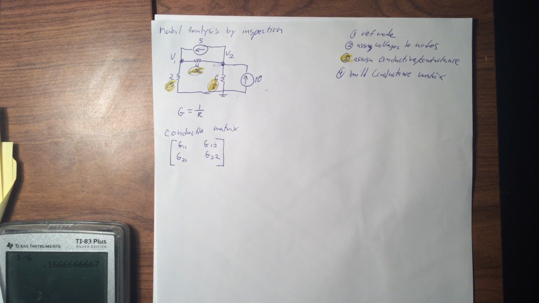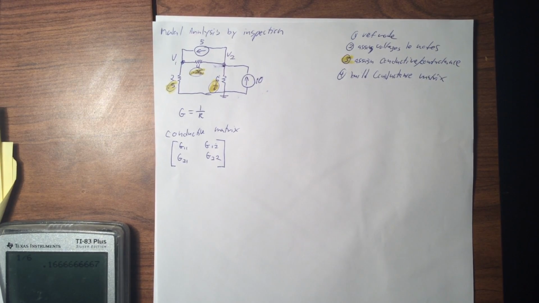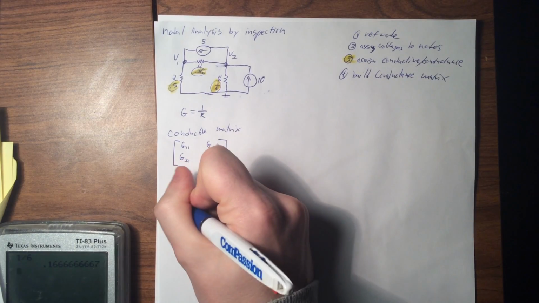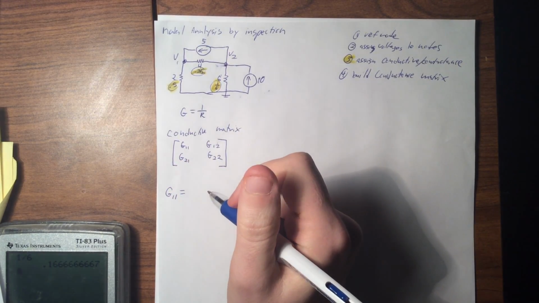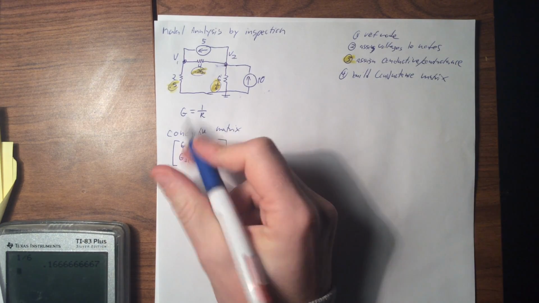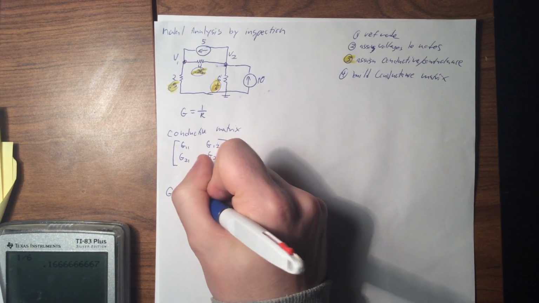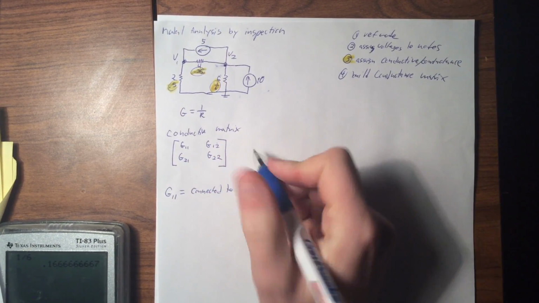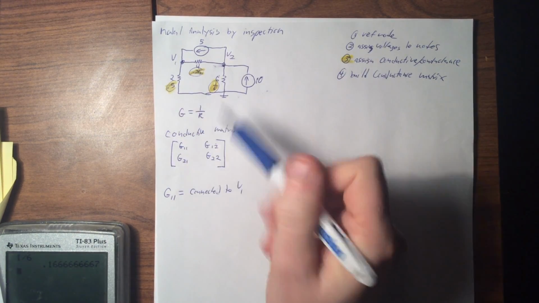So now we've got to plug these things in. How are we going to do that? Well, we're going to look at G11. G11 equals everything that's connected to voltage V1. You can pick which one, V1 or V2, but I'm going to do it this way.